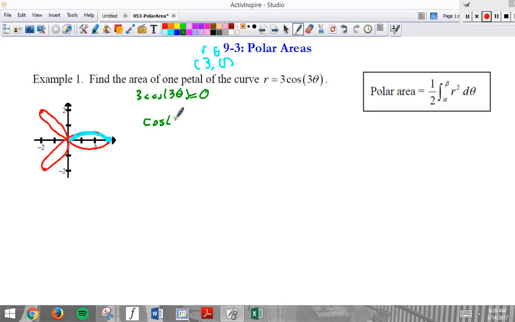We're wondering when is the first time cosine will hit 0. Cosine will hit 0 for the first time at pi over 2, the first positive theta, I should have said. And so theta would be pi over 6. So this is that green coordinate. It'll hit the pole at theta pi over 6.